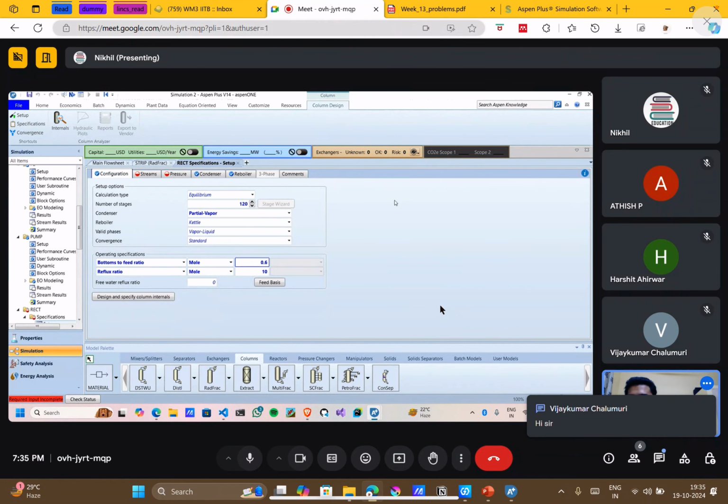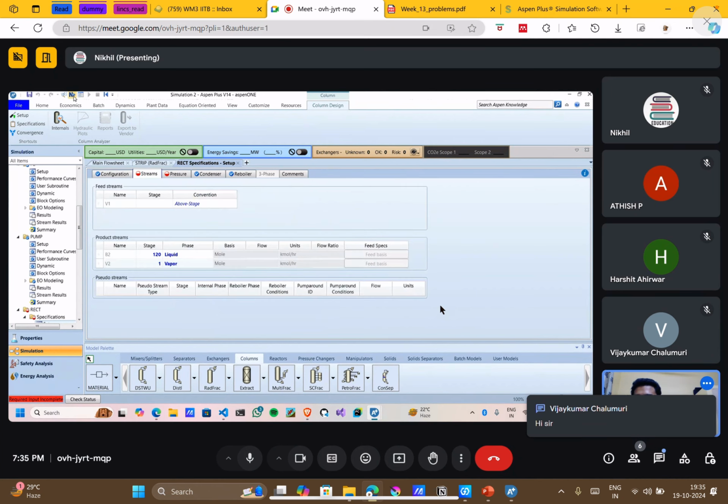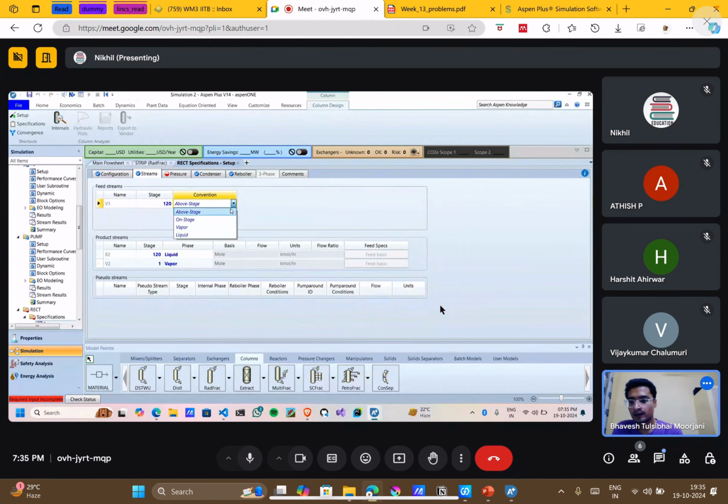Go next. Now V1 is entering below stage 120, so you can select stage number 120. Go next.